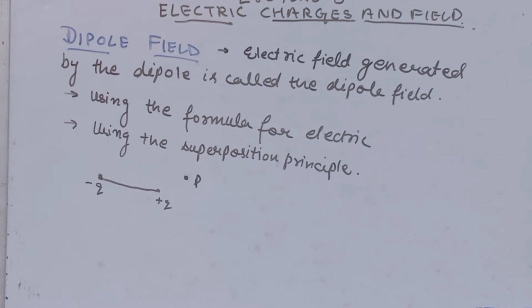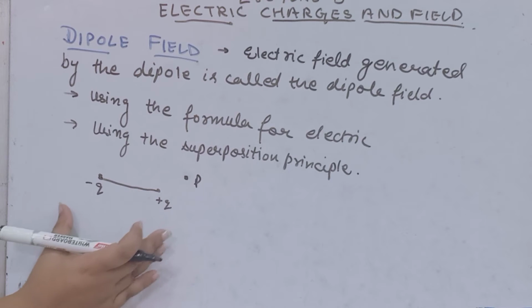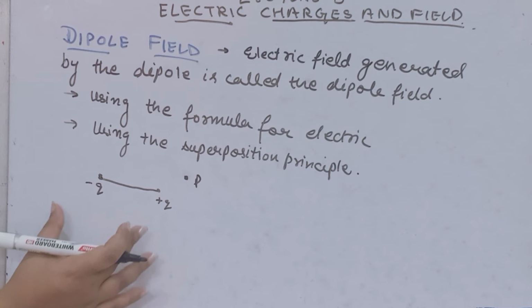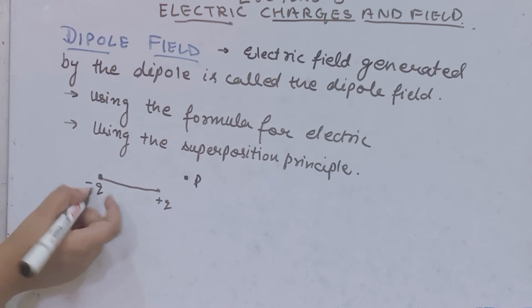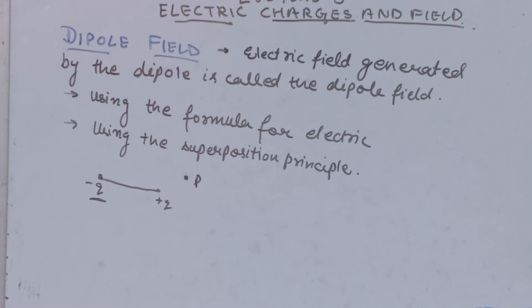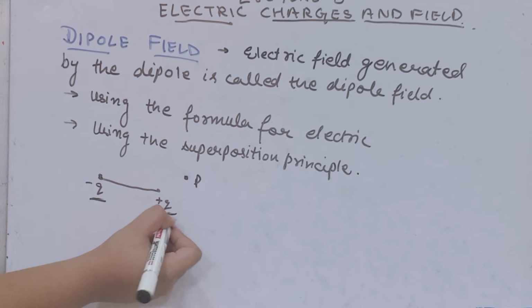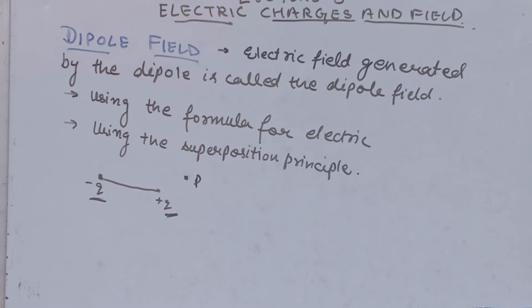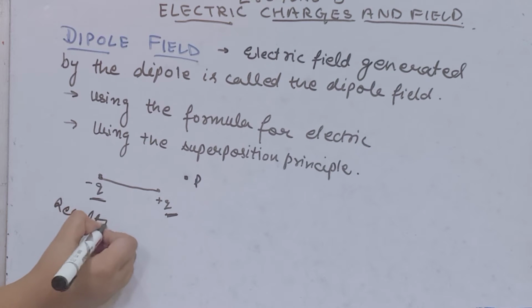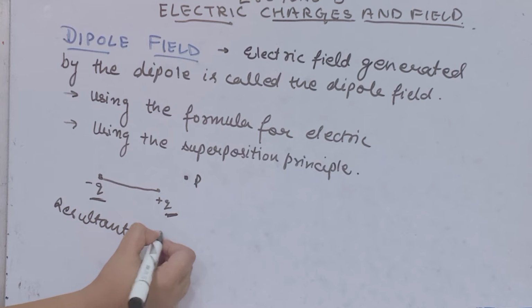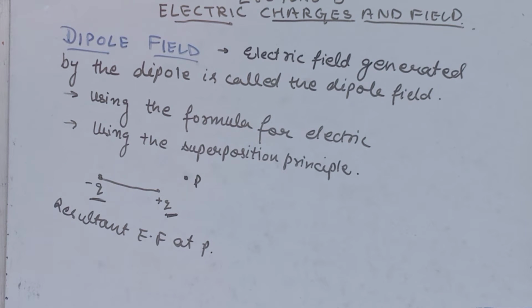As we have already studied, we can simply apply the electric field formula: the electric field produced due to minus q, and then the electric field produced due to plus q, and eventually we add them using the vector law of addition, and finally we find the resultant electric field at point P. That is how we can find the dipole field.